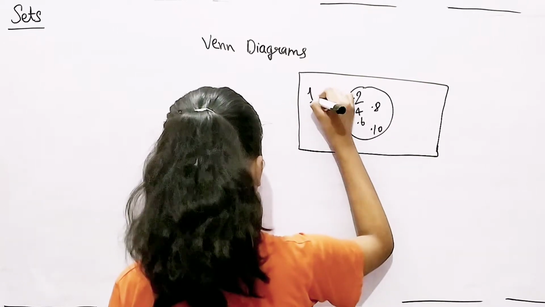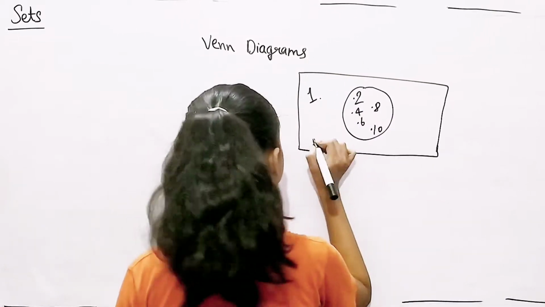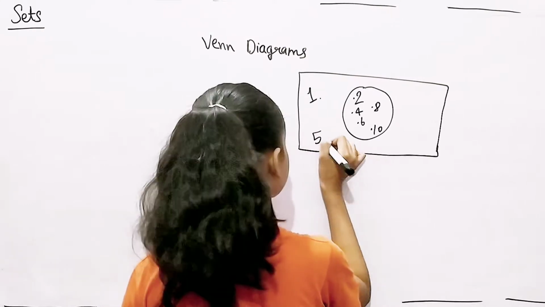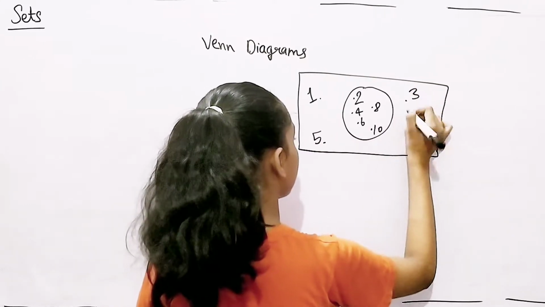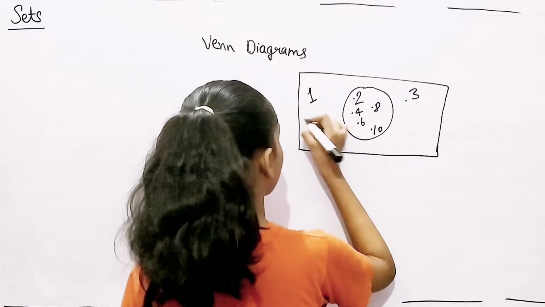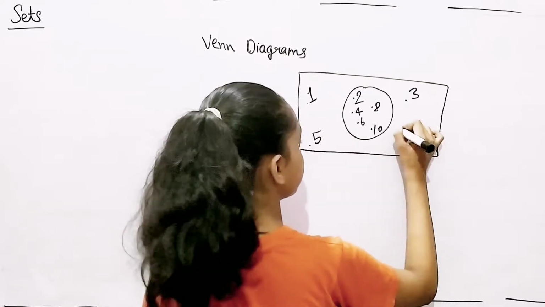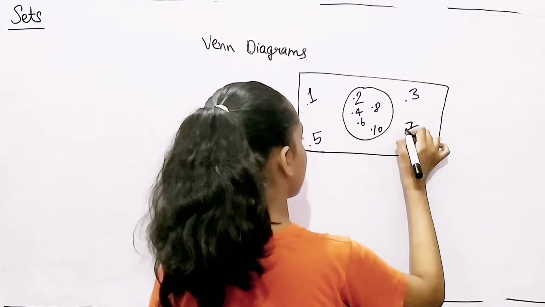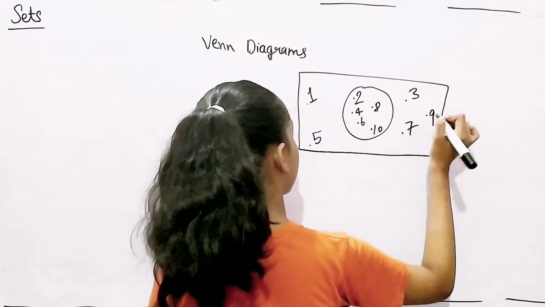And on the outside we have 1, 5, 3, 7, and 9. That's it.